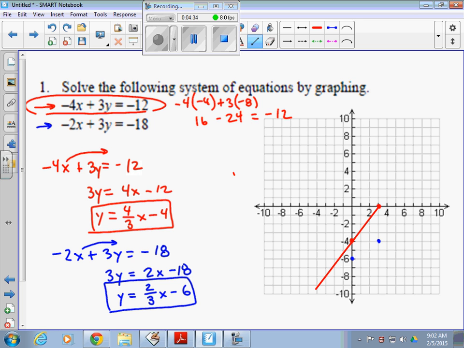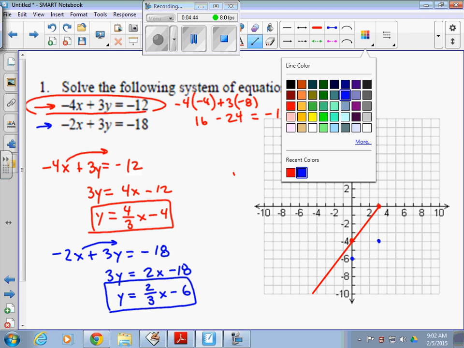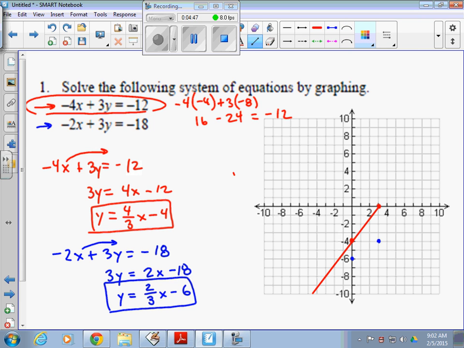You try to make the intersection as clean and as neat as you can, but there's still some play to be had in it. And that's the problem with the graph and check method. So this looks like it might be a better intersection right here. Negative 3, negative 8. Let's see if that one works.